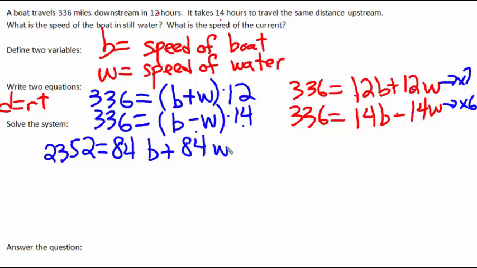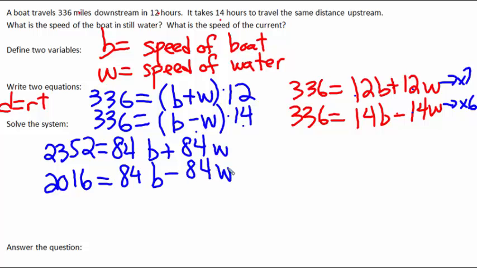Underneath, 336 times 6, I'm literally typing this into a calculator as we talk. 2016. 14 times 6 would be, wait a minute. Yeah, 84 and 84W.